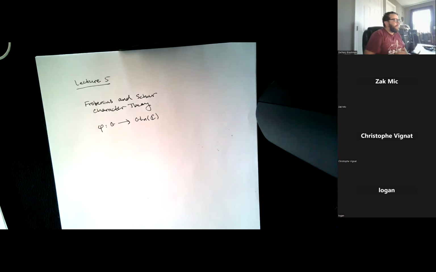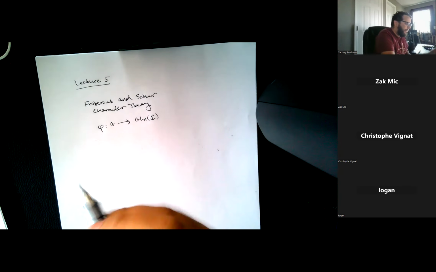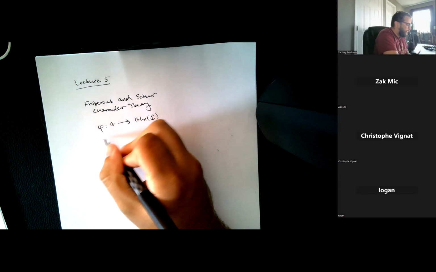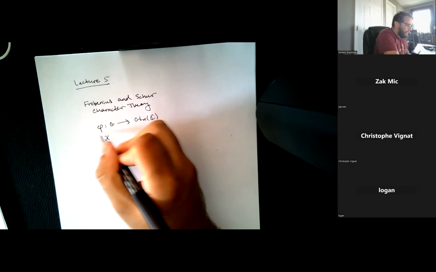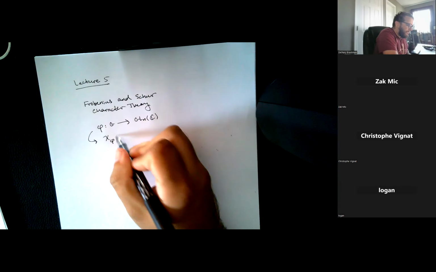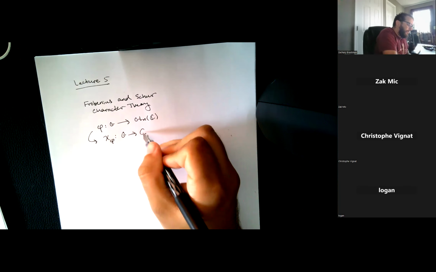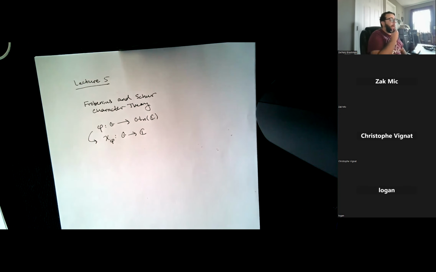and it may be of any degree, and somehow we want to encode this in a complex valued function. So take this and encode it in some complex valued function that depends on the representation and goes from the group to complex numbers.